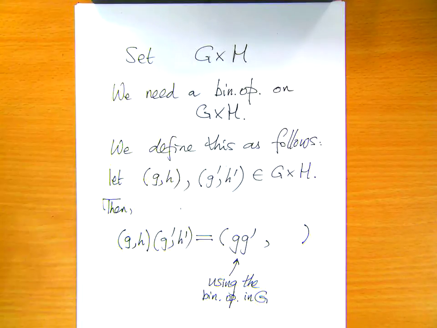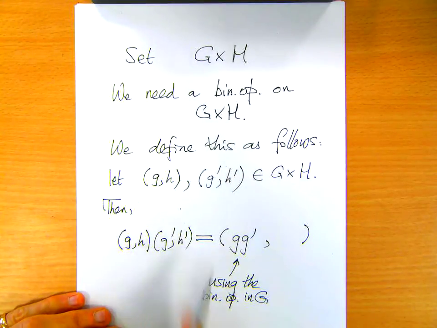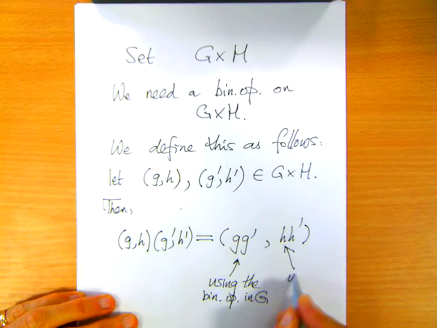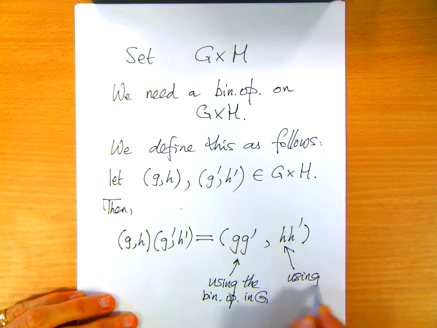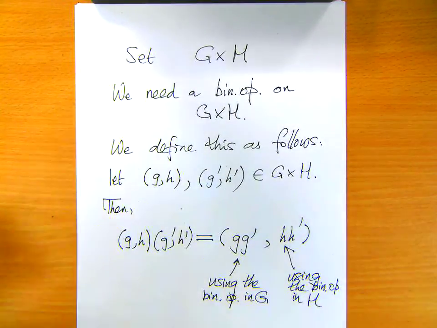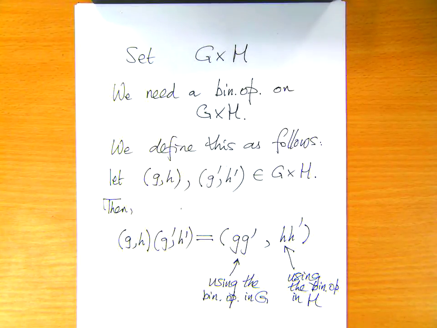And then once you've done that, the second slot is similar, but it's for h and h prime. So that juxtaposition is using the binary operation in H. So as I say, we really are abusing juxtaposition here. We're using it to mean three different products, three different binary operations.